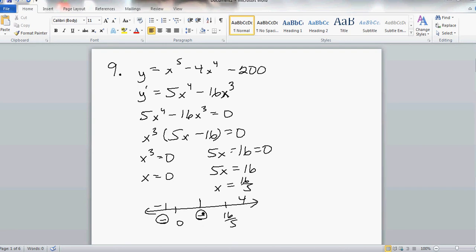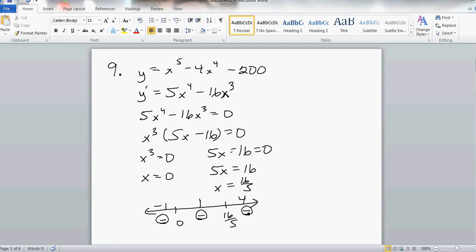And then if we plug in 4, we get 4 to the 5th power minus 4 times 4 to the 5th power minus 200 equals negative here.